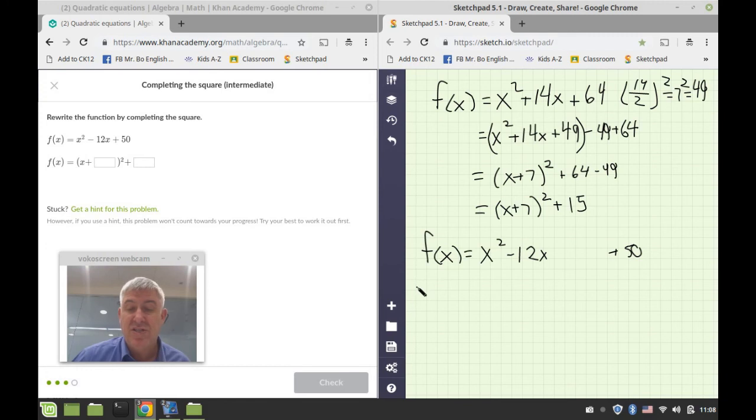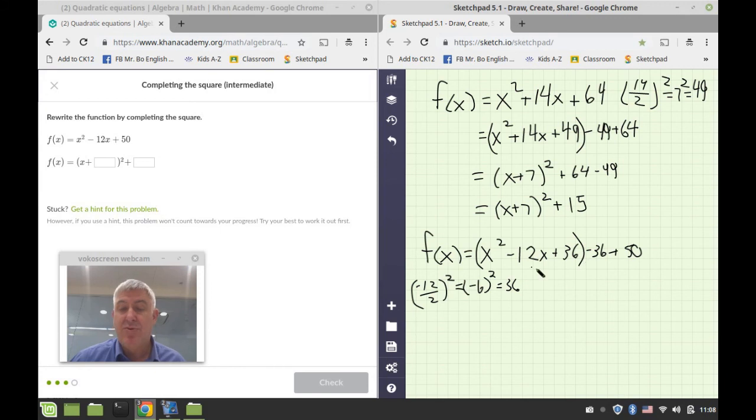So the constant that we want is negative 12 divided by 2, squared, just like we did in our first video. And that's equal to negative 6 squared, which is 36. So I'm going to add 36 here, and I'm going to subtract 36, because plus 36 minus 36 is like adding 0, and I didn't really do anything.